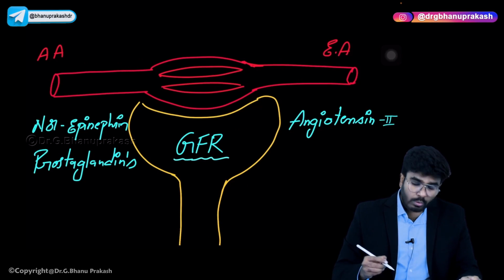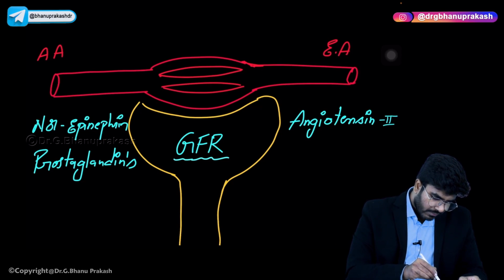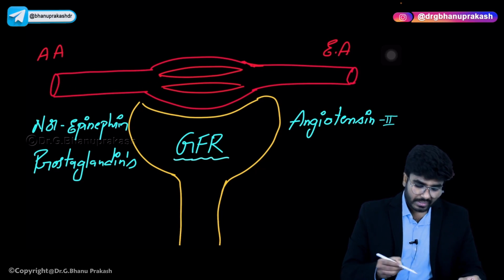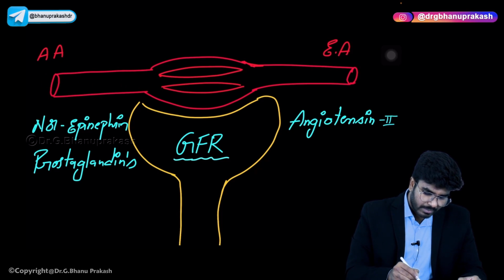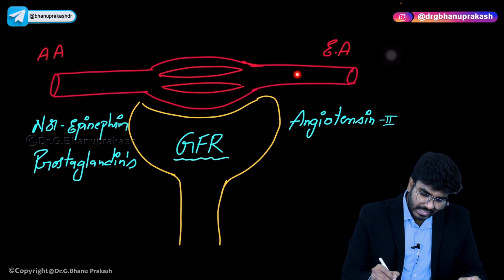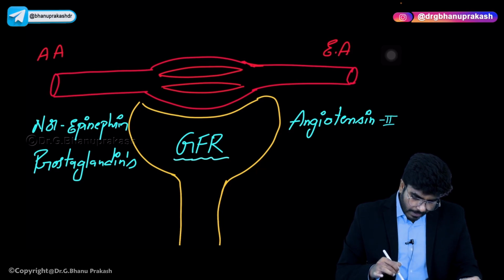Now let's see how GFR will be affected in different conditions. I have already told you the blood vessel which is bringing the blood towards the capillaries is known as afferent arteriole. Afferent arteriole is the one which brings the blood towards the glomerulus, and efferent arteriole is the one which takes the blood away from the glomerulus or Bowman's capsule. Now please concentrate.